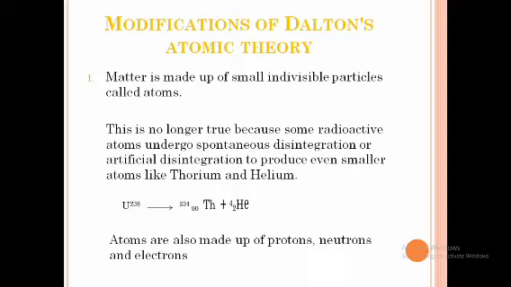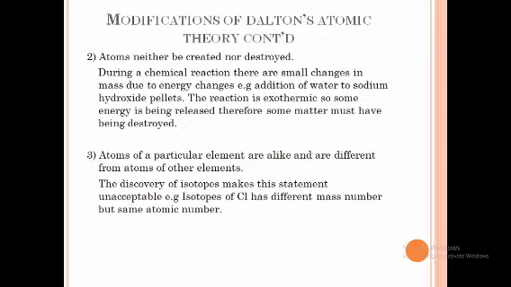Then we also know that atoms are made up of subatomic particles known as protons, neutrons, and electrons. So in other words, we can no longer say atom is the smallest indivisible particle of matter because of this discovery.